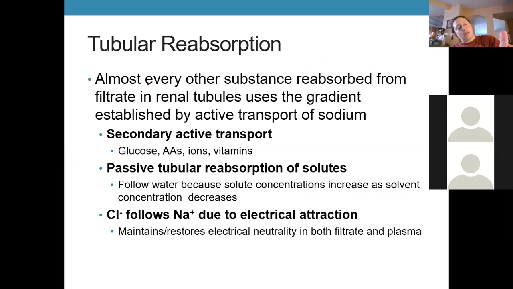Okay, so this is explaining that, all right? This explains that previous slide. So secondary active transport of all sorts of organic materials as well as ions because of the sodium pumps, and then other things that are passively following.